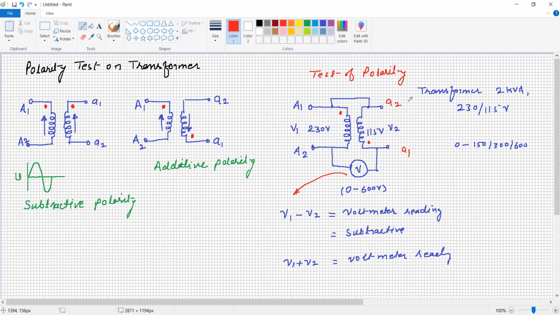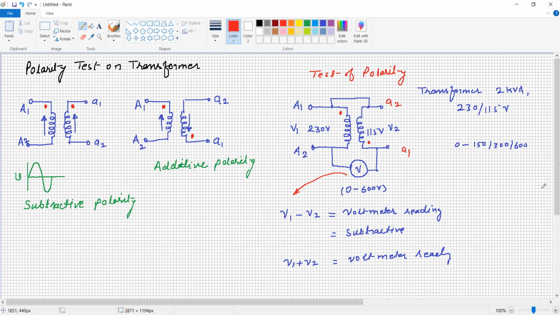So it is used to identify the similar terminals on the transformer. This test is useful to determine the polarity of single phase transformer as well as three phase transformer. So this is the polarity test on the transformer.